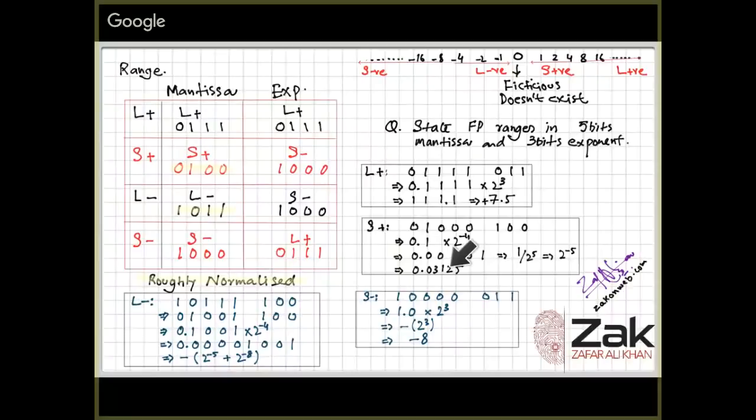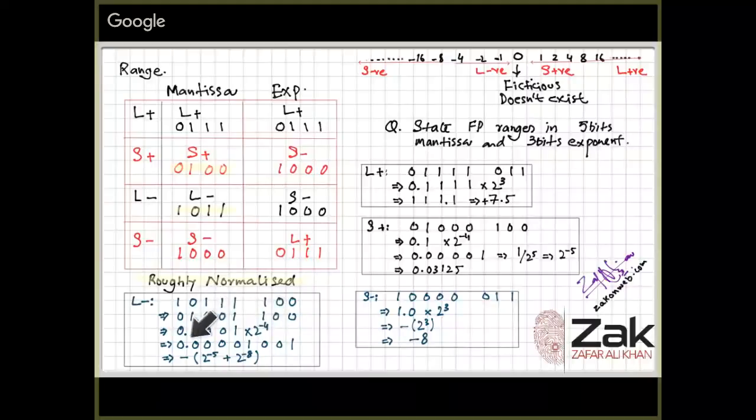Then largest negative. Largest negative means 10111 and 100. This is a negative number, so we have to first convert it to the positive, and then the first one is the same, and the rest are toggled.